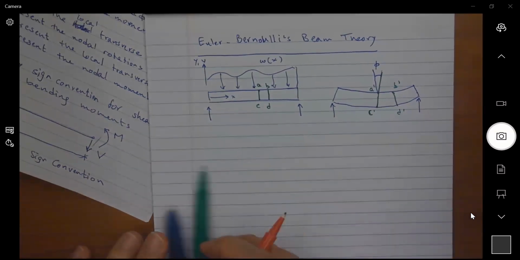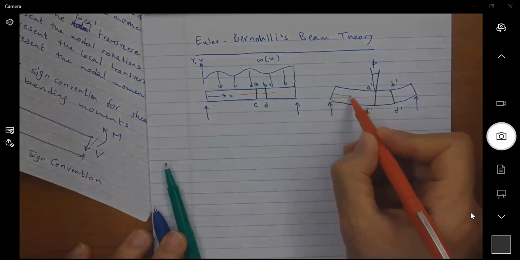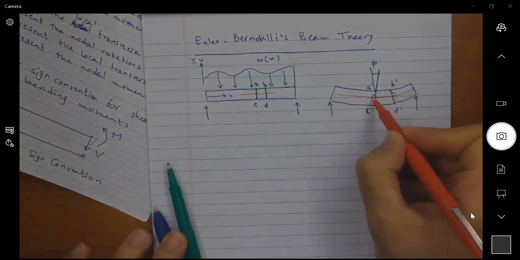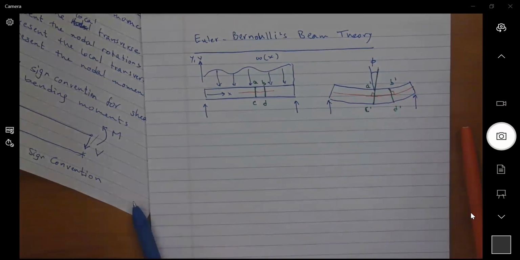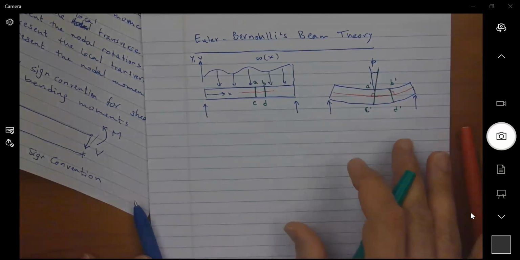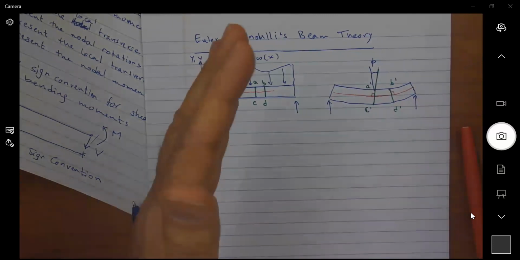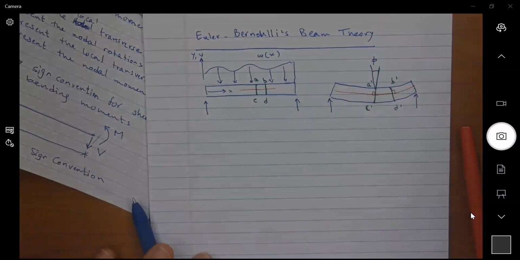So if I show the centroidal axis like this, here the deformed axis will be going like this, where these are still 90-degree angles. So this is what the beam theory stated. You remember that? Plane sections before bending and plane sections after bending.